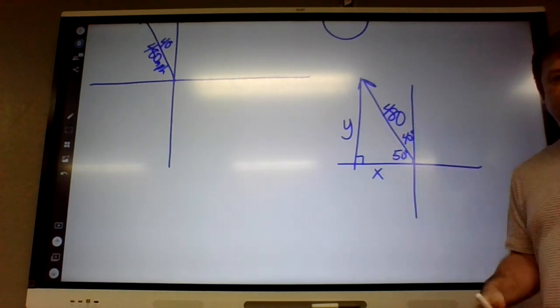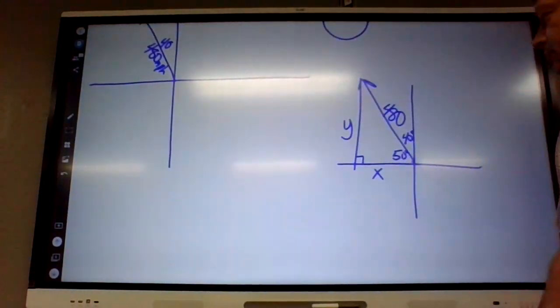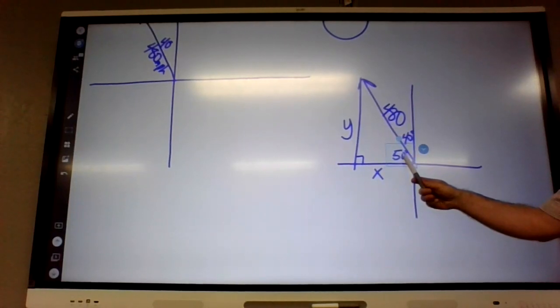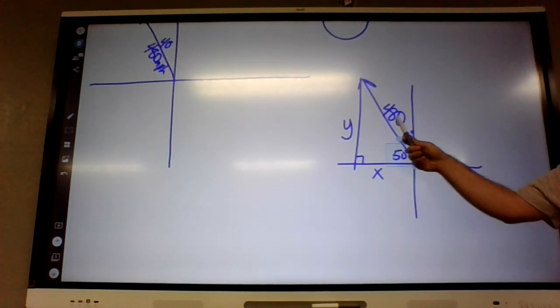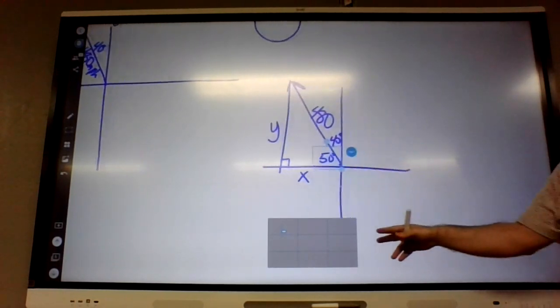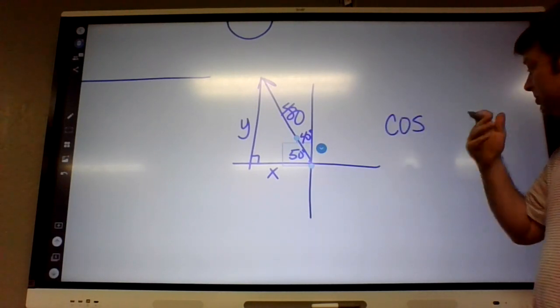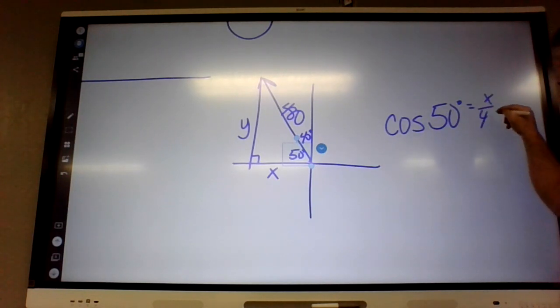Alright, so how do we find x? Yes, trigonometry. Relative to this angle, we're looking for the what side? Adjacent, we have the hypotenuse, so that will be cosine. So cosine of 50 equals adjacent over hypotenuse.